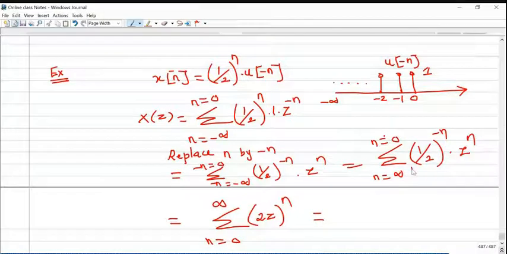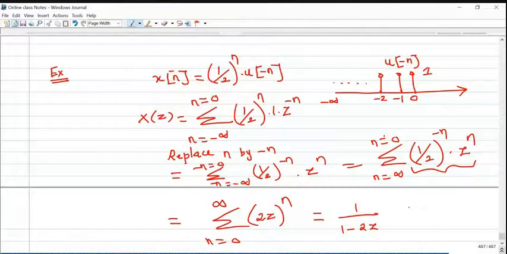Okay, this entire term I'm writing as 2z power n. So summation 0 to infinite a power n is 1 divided by 1 minus a. Okay, so this is your result.